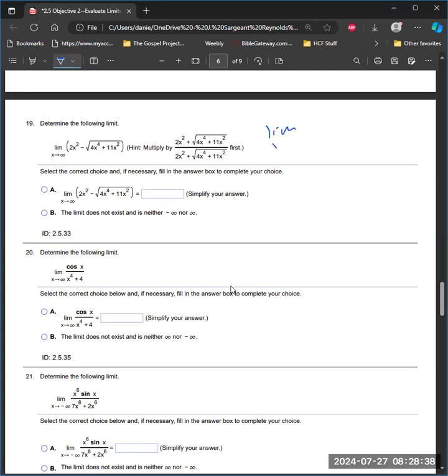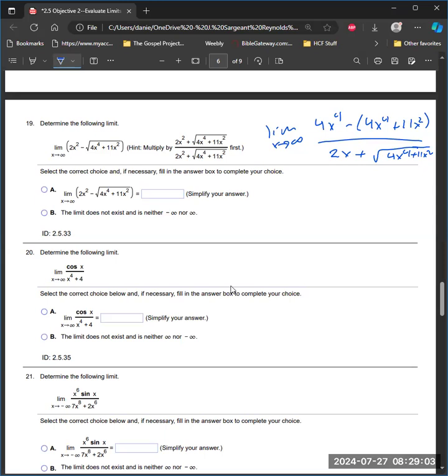So limit as x goes to infinity of 4x to the fourth plus 11x squared minus 4x to the fourth, over 2x plus the square root of 4x to the fourth plus 11x squared.